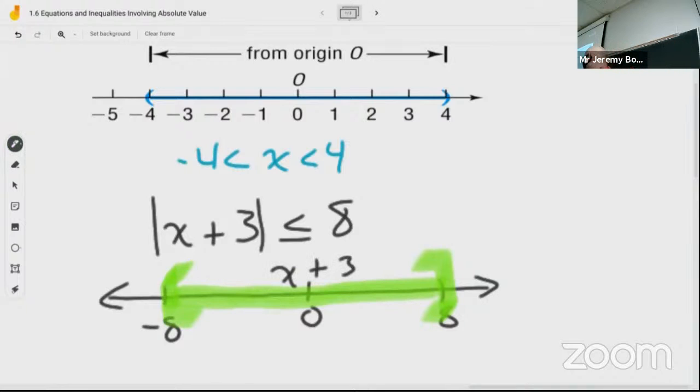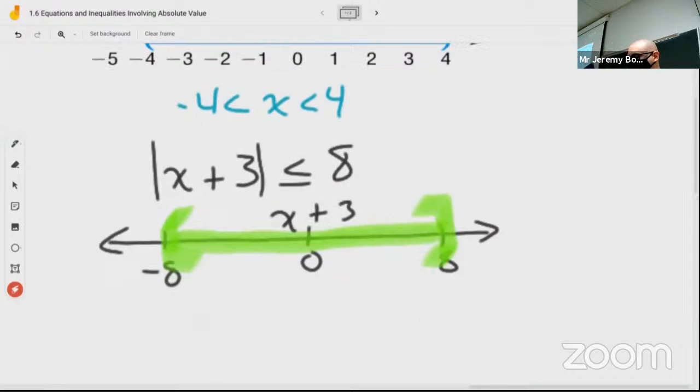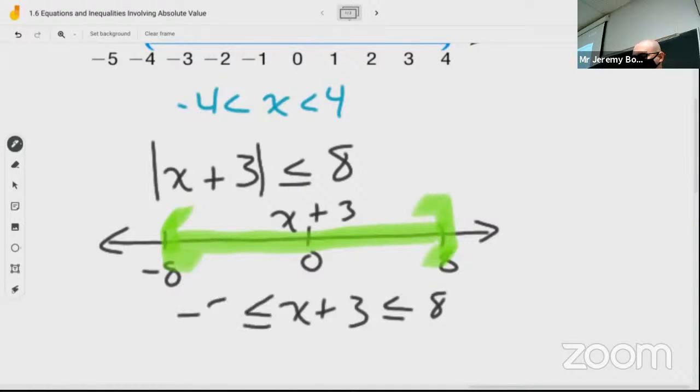It's between -8 and +8. And the reason I put brackets is what? It has the equal to on my inequality. So it's going to have an upper bound and a lower bound, and that is going to be x plus 3 is less than or equal to 8. That's also greater than or equal to -8.